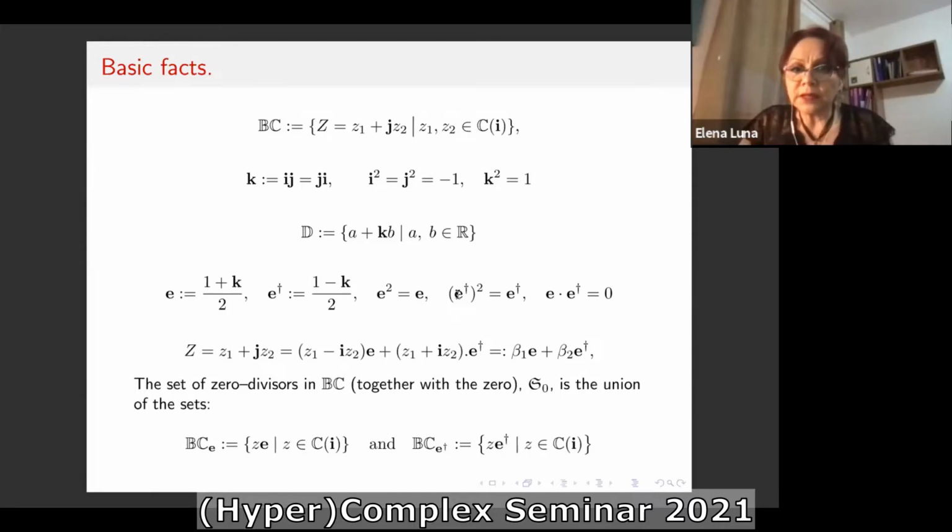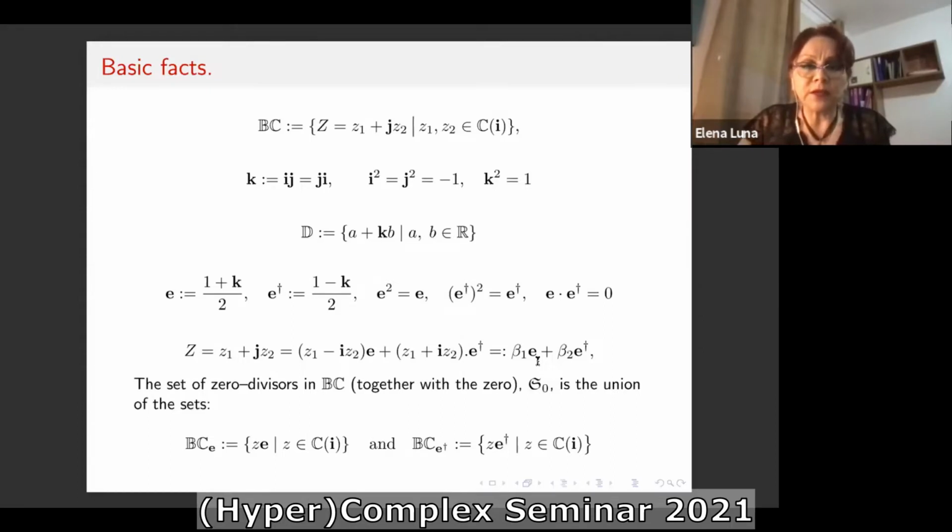They are idempotent, but they are also zero divisors. And they give us the opportunity to decompose every bicomplex number in idempotent form. Then also this idempotent form is very practical to perform the operations of sum, multiplication, division, and also helps us to understand where the zero divisors are inside BC.